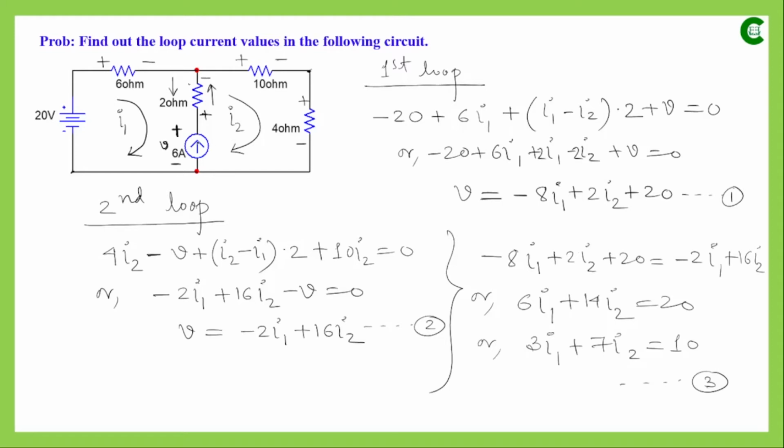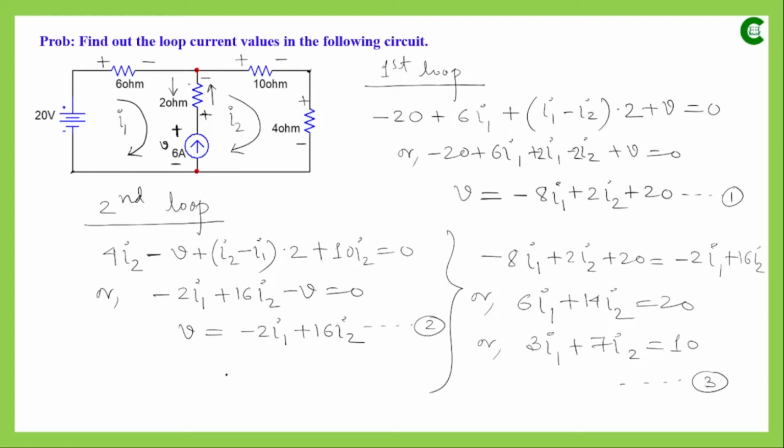So if we look at this current source, I1 is flowing downward through this current source and I2 is flowing upward. So the net current, as per the direction of this current source, is upward. I2 is flowing upward and I1 is flowing downward.